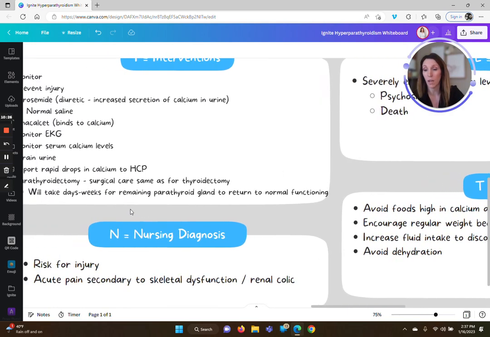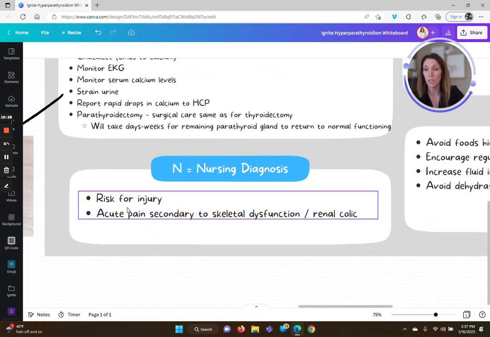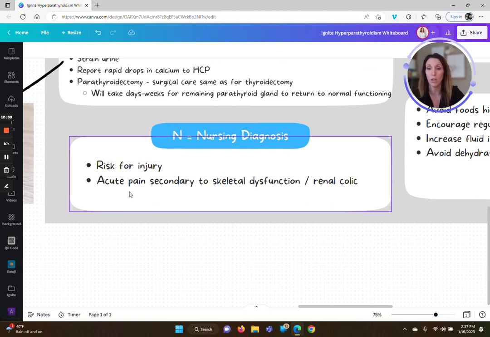And our nursing diagnoses under N here are risk for injury, and then acute pain secondary to skeletal dysfunction or renal colic. If you don't know what renal colic is, it's as the kidney stone is passing through the ureter, the ureter actually has a peristalsis kind of action, kind of like the intestine, so it moves urine through the ureter.